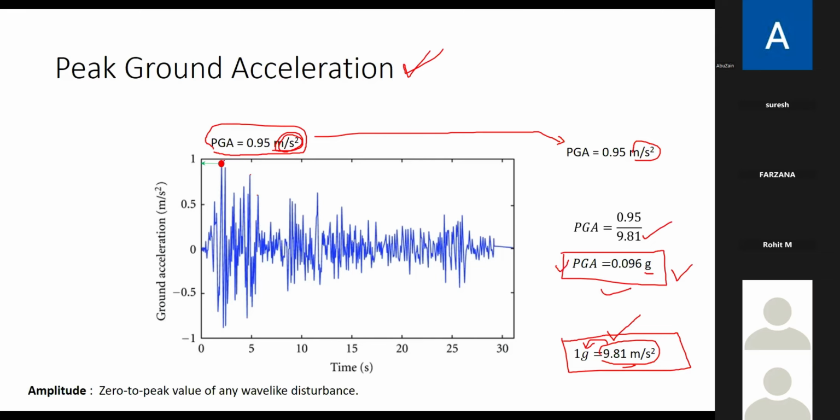They want to know the maximum acceleration that happened. The Richter scale says how much energy is released during the earthquake, converted to a logarithmic scale. It's called magnitude. Then there is something called intensity, modified Mercalli, which depends upon how much damage comes to the building because of the earthquake. We'll not go there. For us, PGA is very important. All code books use PGA terminology.